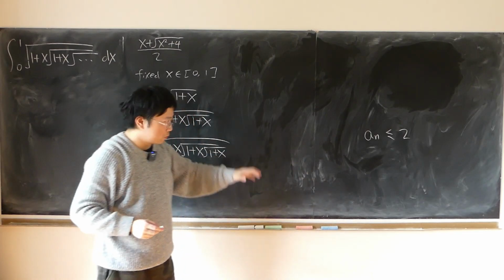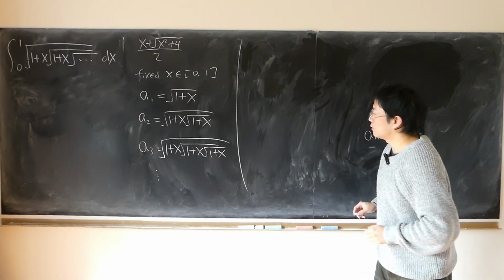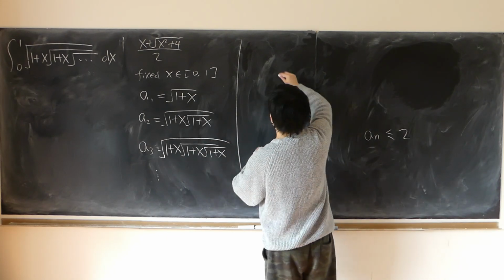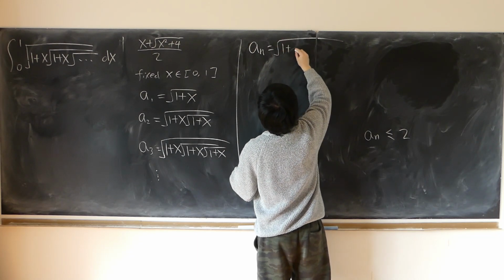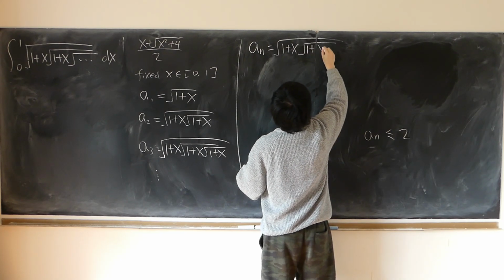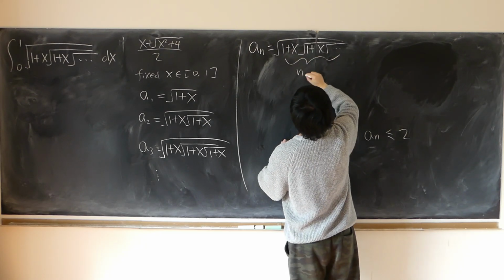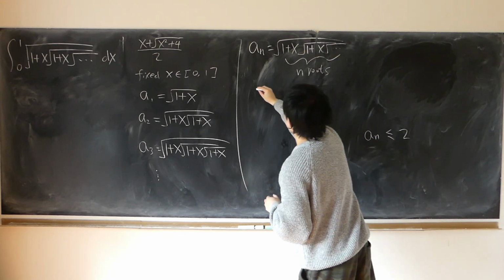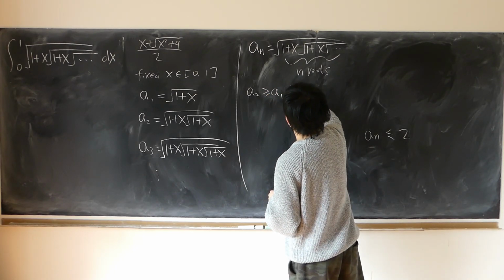Now we want to prove it's increasing. Like I said, a1 has 1 root, a2 has 2 roots, a3 has 3 roots, so an has n roots. So first, I'd like to know: is a2 bigger than a1?